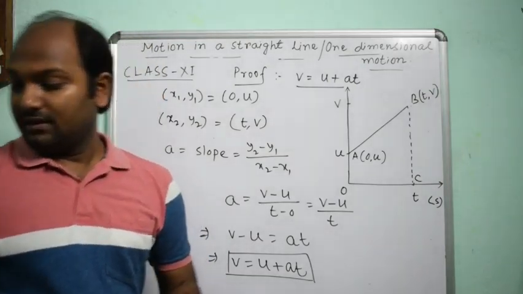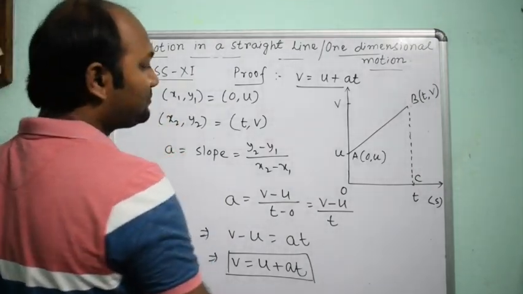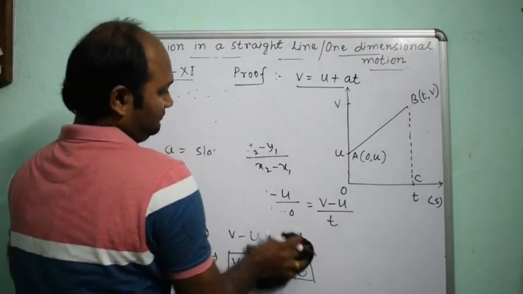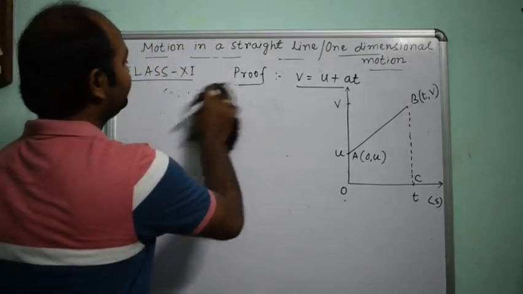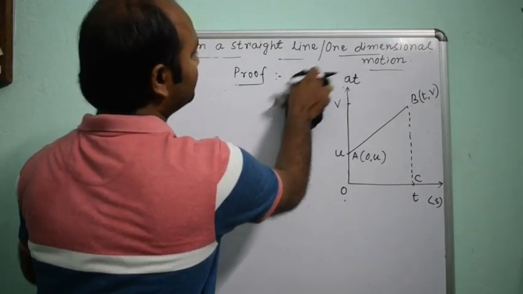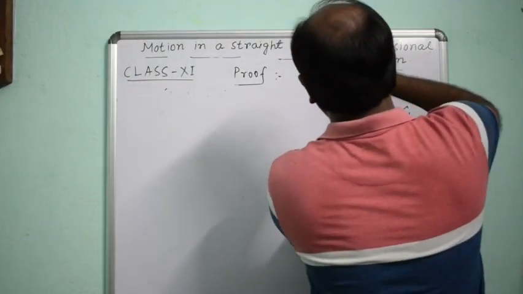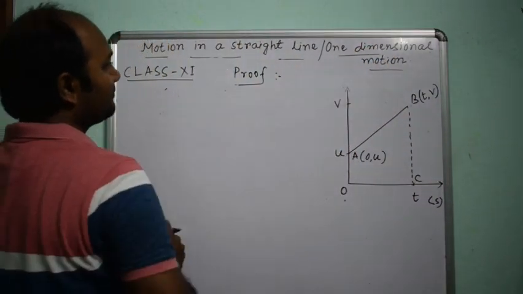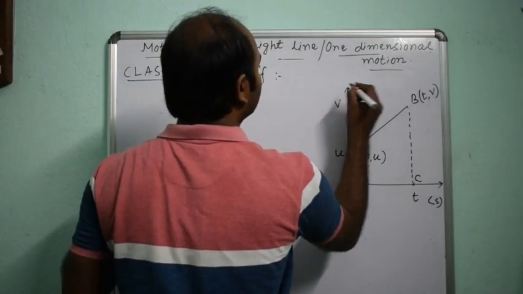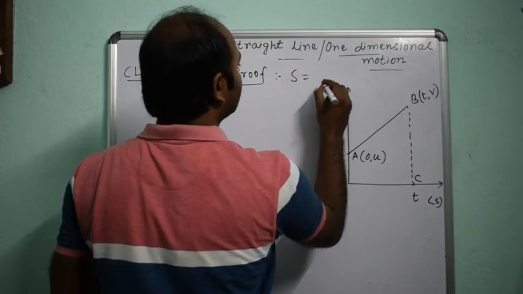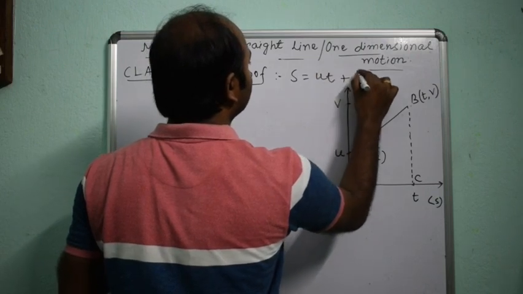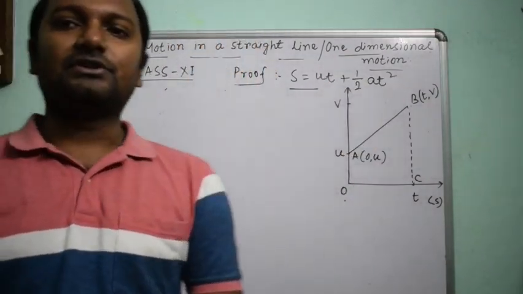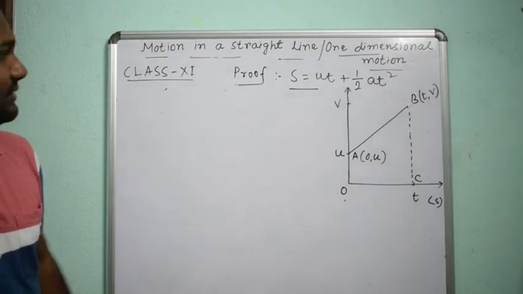Next, we have to prove the second equation of motion, which is S equals ut plus half at square.